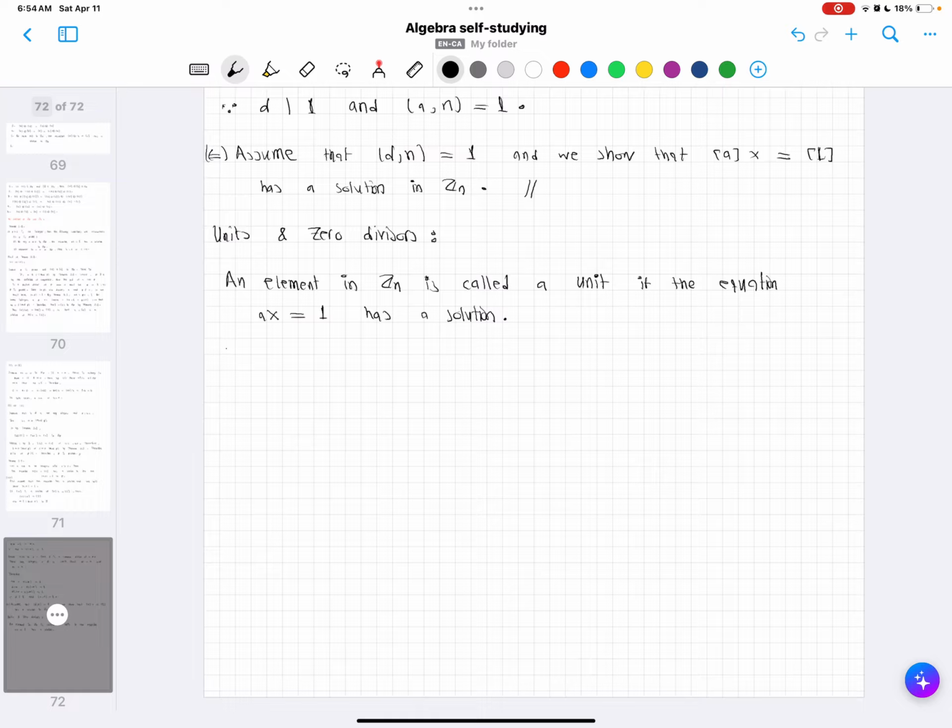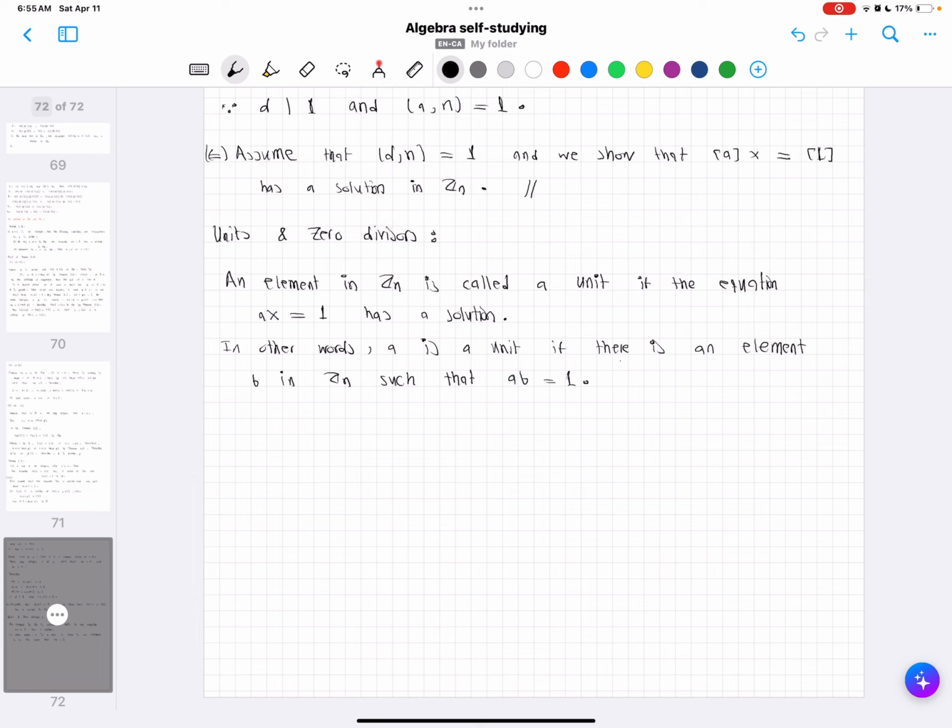So in other words, a is a unit if there is an element b in Zn such that a times b is equal to 1.